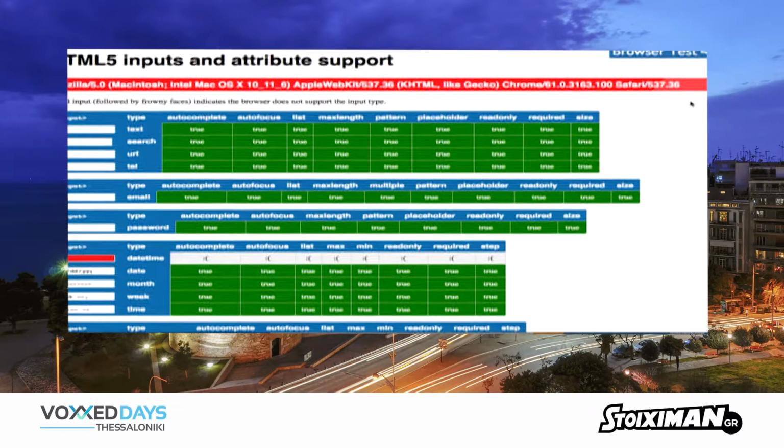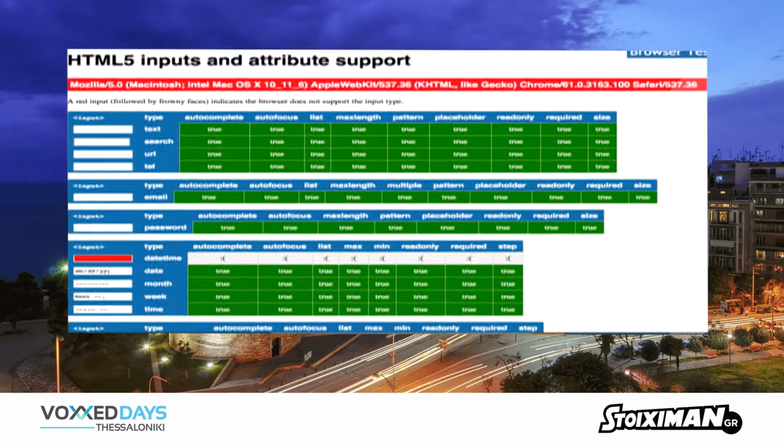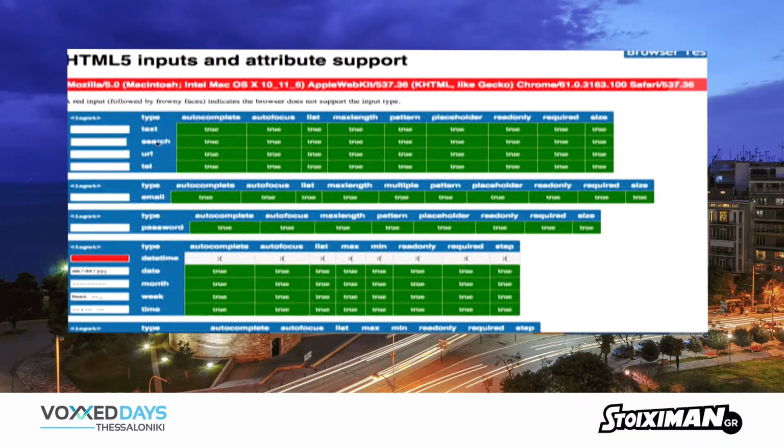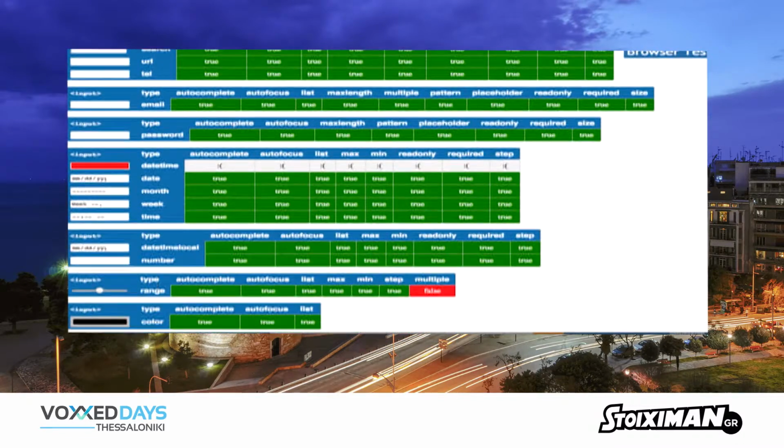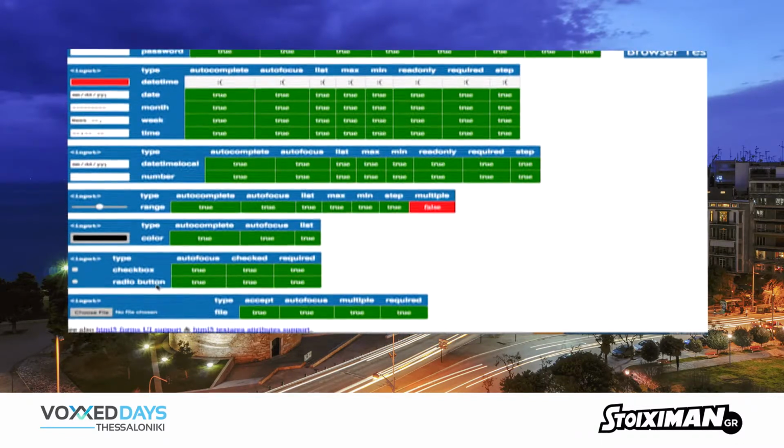Before I go into that, I just want to cover HTML inputs. This is the support chart for HTML inputs. There's input type text, search, URL, telephone, email, password, date, month, week, time, datetime-local, number, range, color, checkbox, and radio button. Some of these are old school, and I'm sure you use them. Some of them you may not have heard of.